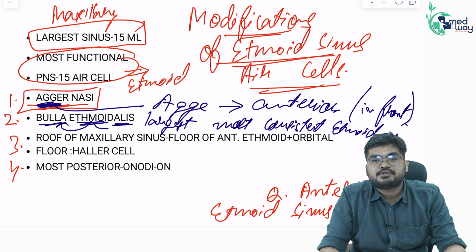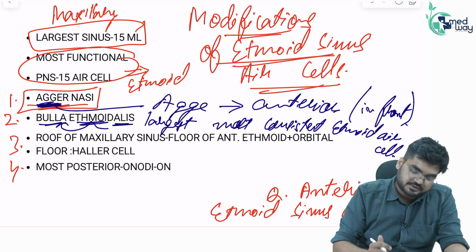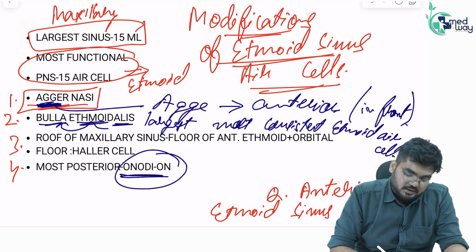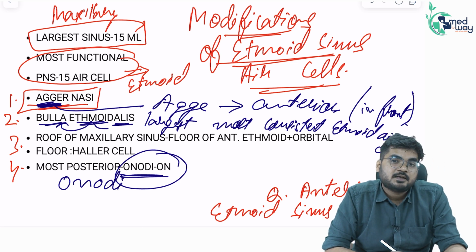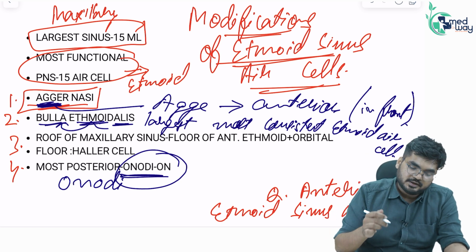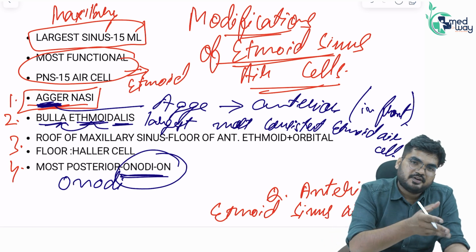Next question: which ethmoidal air cell is present in close proximity to the optic nerve? Answer is Onodi cell. Onodi cell is an ethmoidal air cell located most posteriorly, very close to the optic nerve.